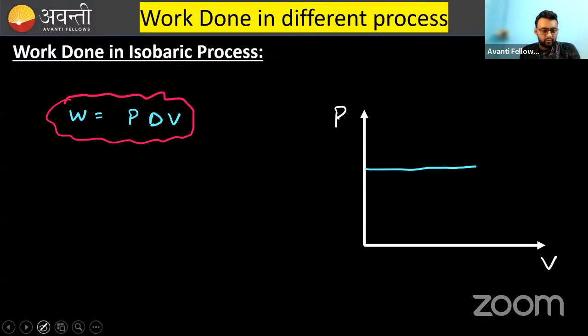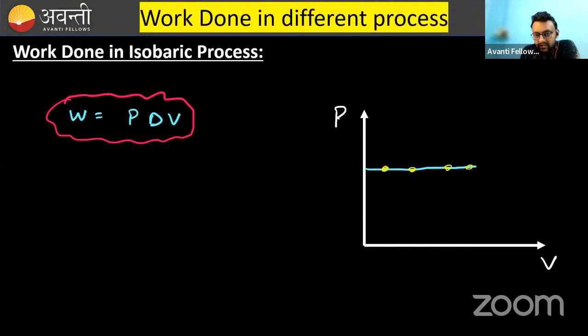So for isobaric process, this is the representation of isobaric process. Can you see that? Isobaric means pressure remains constant. And in this process, whenever the volume is changing, the pressure is constant at every point, like this point, this point, this point, everywhere. So work done is nothing but P delta V. P is the constant term here, delta V is the change in the volume.